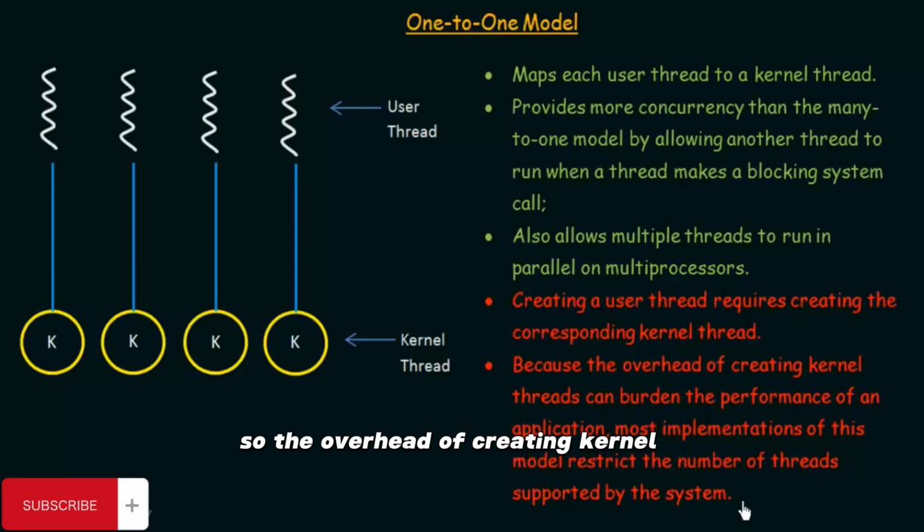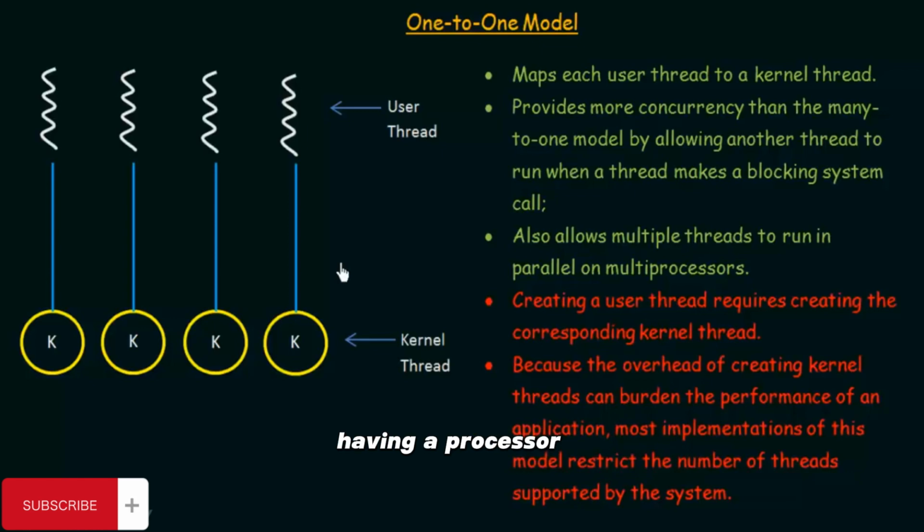So the overhead of creating kernel threads can sometimes be very heavy on the system or the application that is running. What happens is that most applications restrict the number of kernel threads that can be created, because in one system there is a limit on how many threads can run at a time. If you have a multiprocessor system with four processors, then at a time only four threads can run, because each thread will run on one processor.